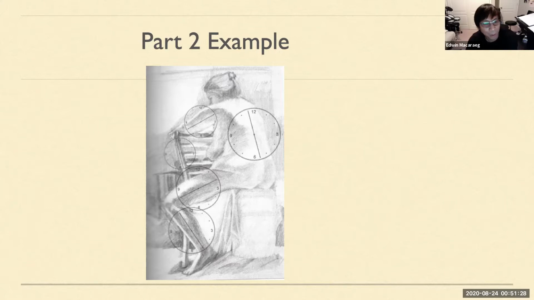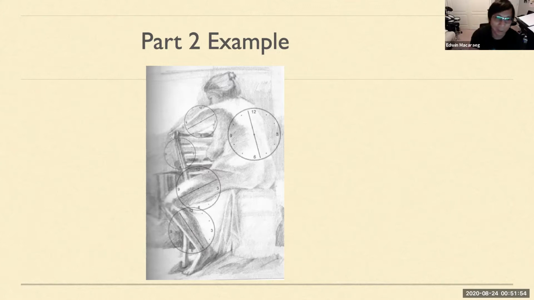And so for the figure, for part two, again, ask a roommate, ask your siblings or whoever's close by, and get some of these major landmark diagonals. For me, right away, I'm looking at the very strong diagonal from her spine or her back.